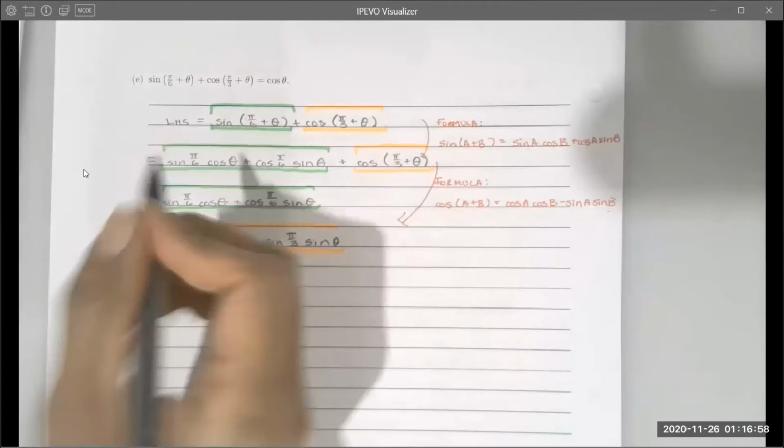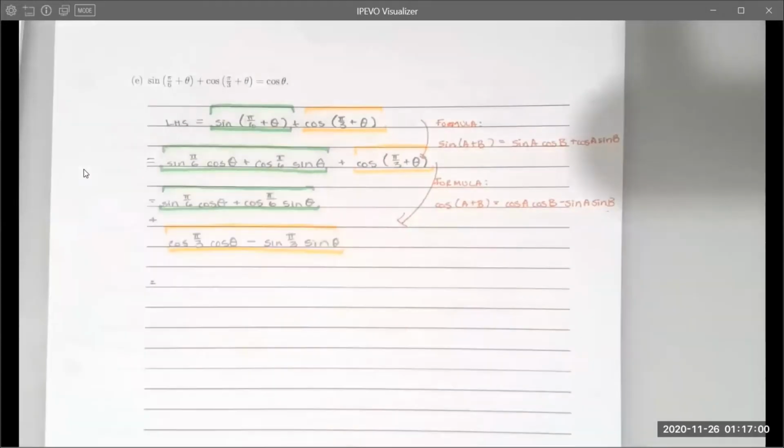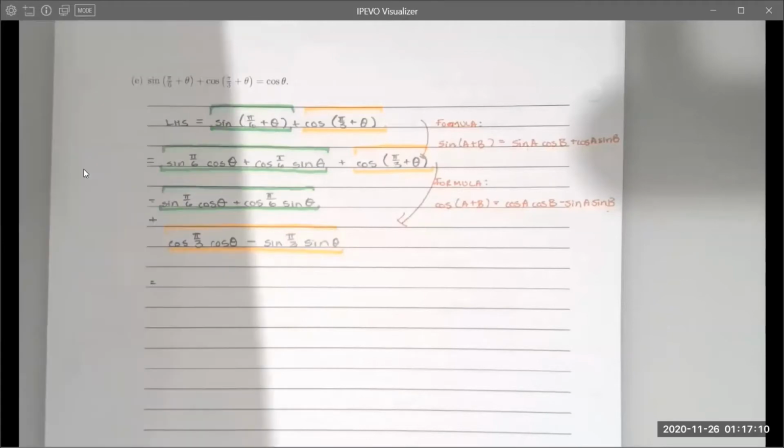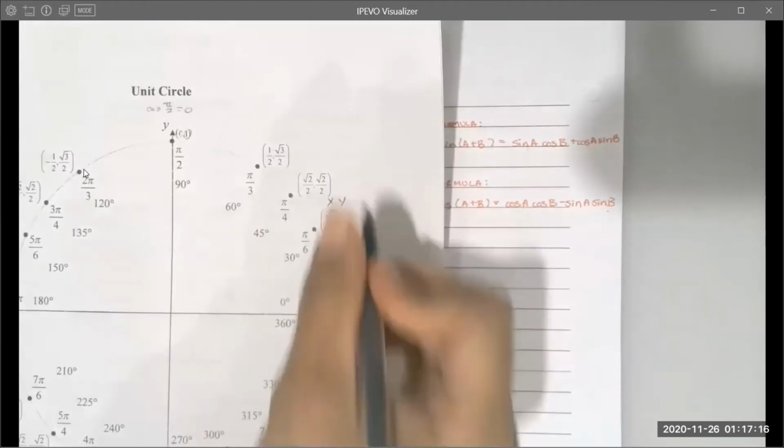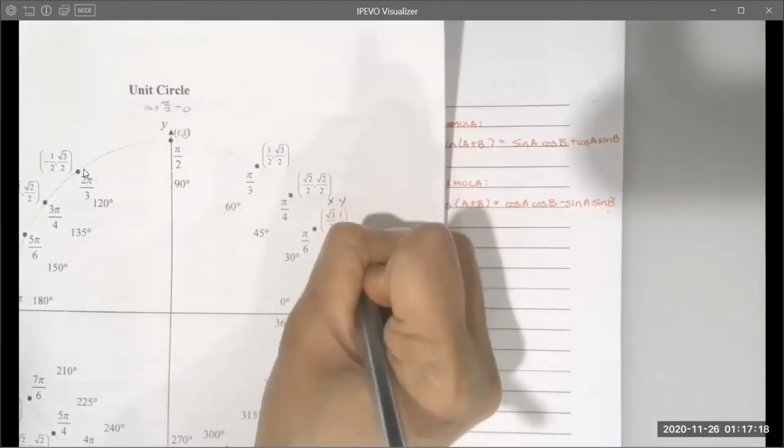Okay, now what can we do with that? Well, sine pi over 6 and cosine pi over 3, those angles are on the unit circle, so we can determine the sine and cosine. Pi over 6 is here. The x-coordinate would be the cosine, and y would be the sine.